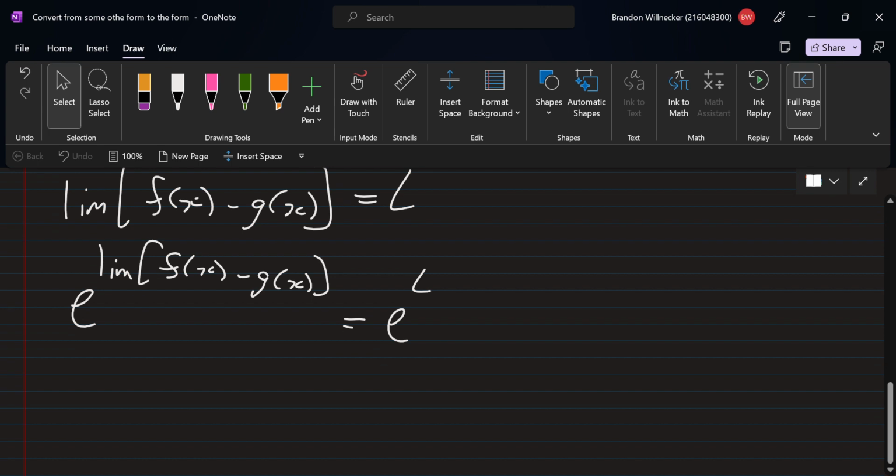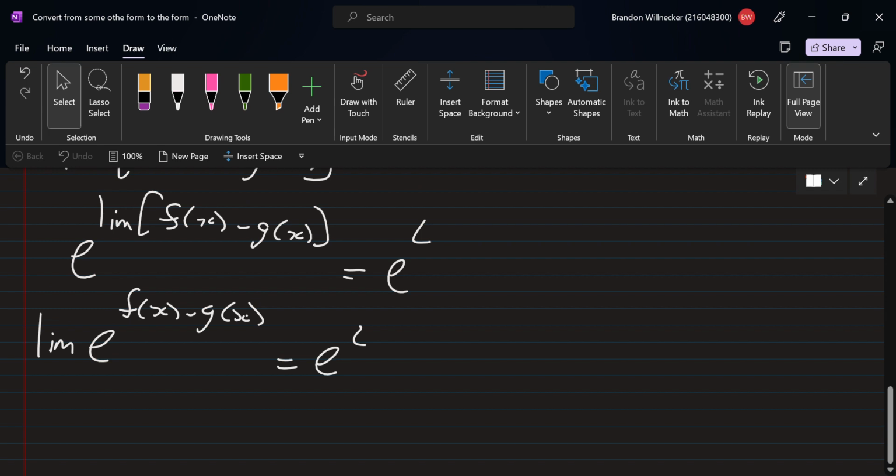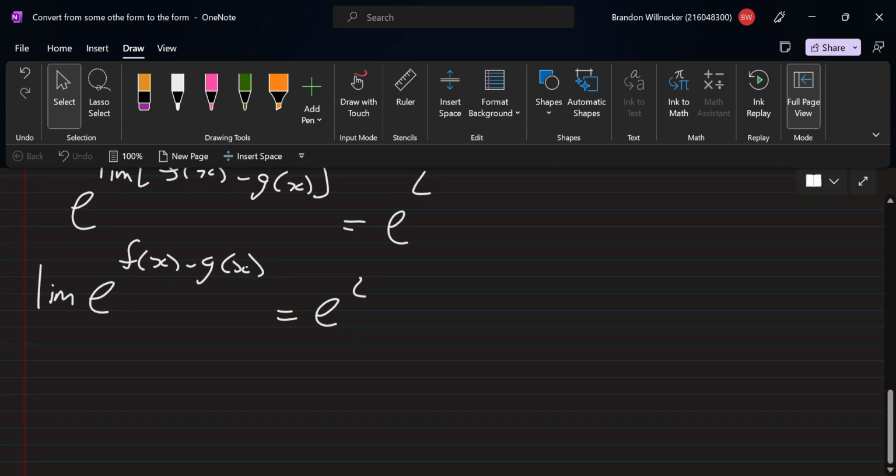Here we've got the limit inside the function, but we know that the exponential is continuous, so we can take it outside the function. If you don't remember your limit laws with regards to continuity, please go over that. So that's just using our limit laws with continuity.